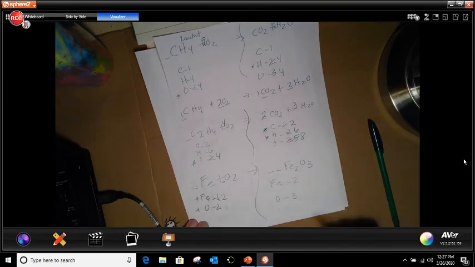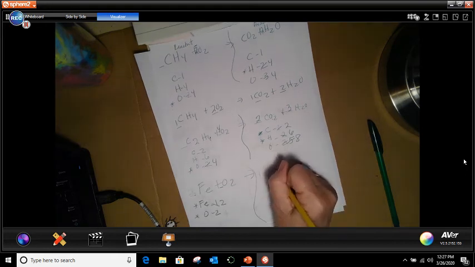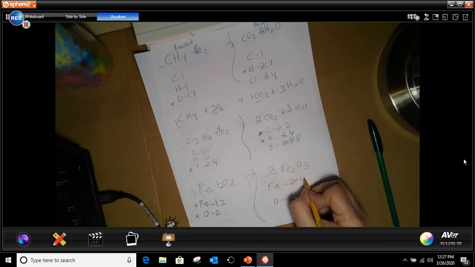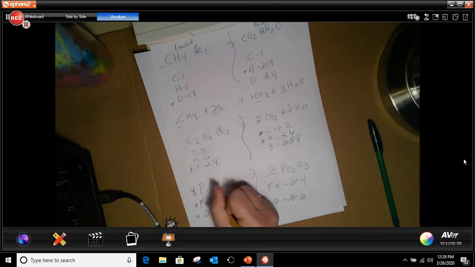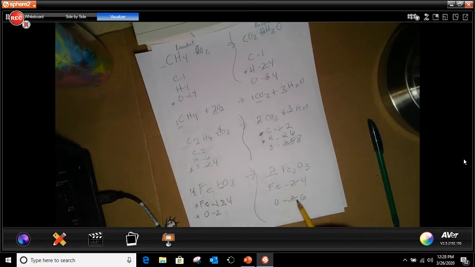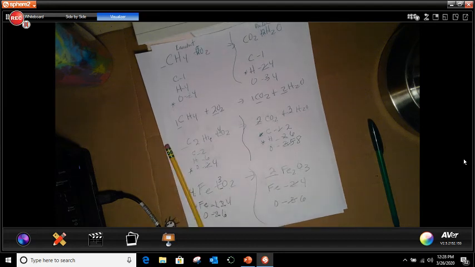And then I'm going to look again, and I'm going to say, all right, I need to change this to an even number. 3 times 2 is 6, right? So if I do 2 here, that would change that to a 4. That would change that to a 6. Now I can come over here and change mine, can I? So if I want Fe to be 4, the only thing I do is put a 4 in front. If I want my oxygen to be a 6, I can put a 3 in front, and that's it.